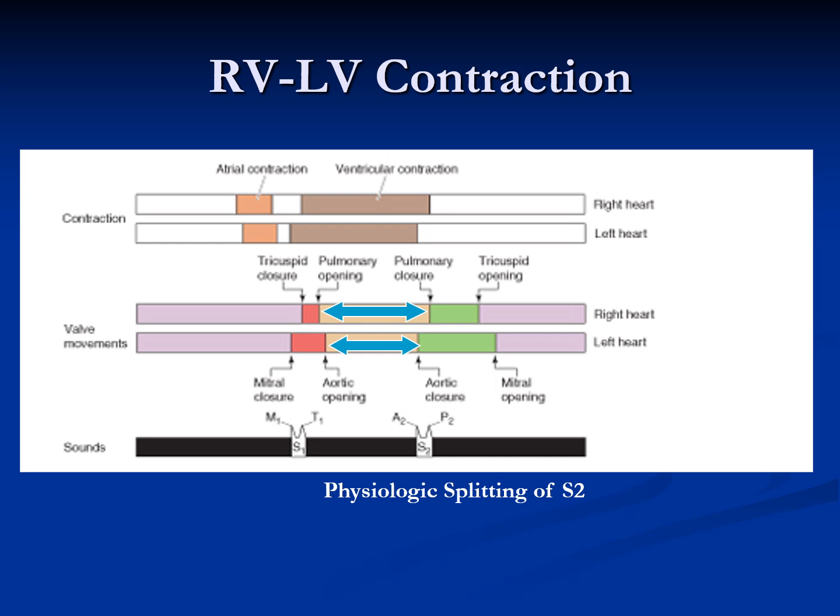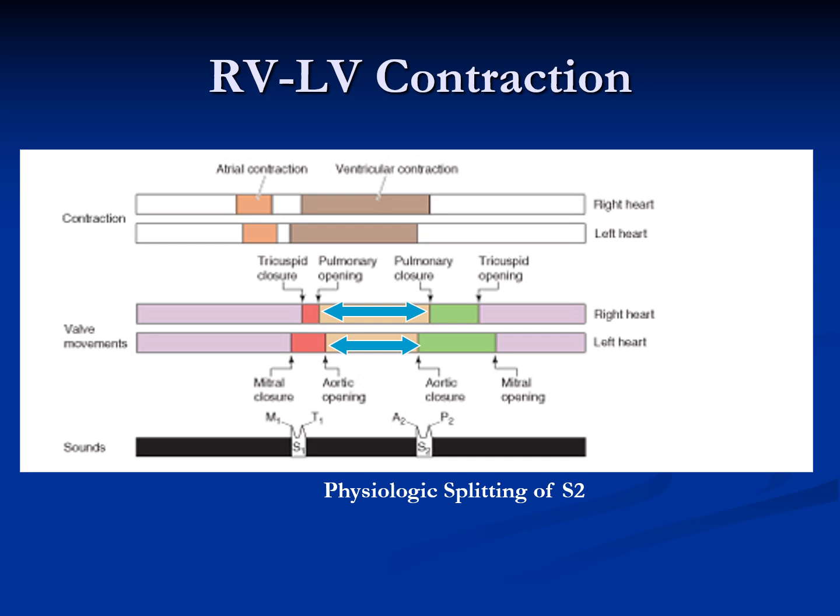What is the physiologic splitting? Physiologic splitting means that S2 at times is split enough that you can hear it with your stethoscope. Instead of being one sound, it is two sounds. And what is physiologic splitting is the variation of the sound with respiration. So I'm going to explain this.